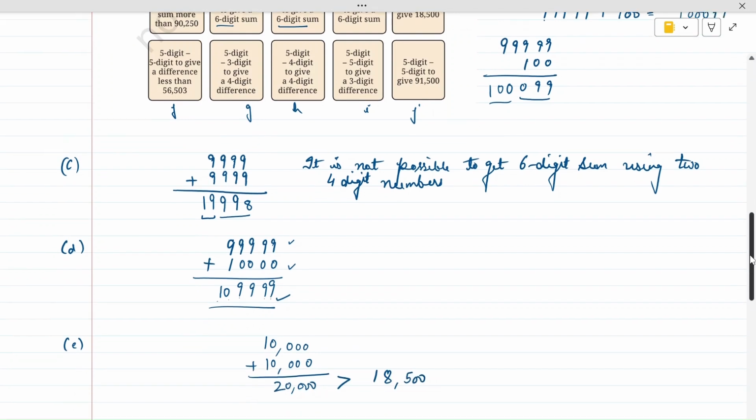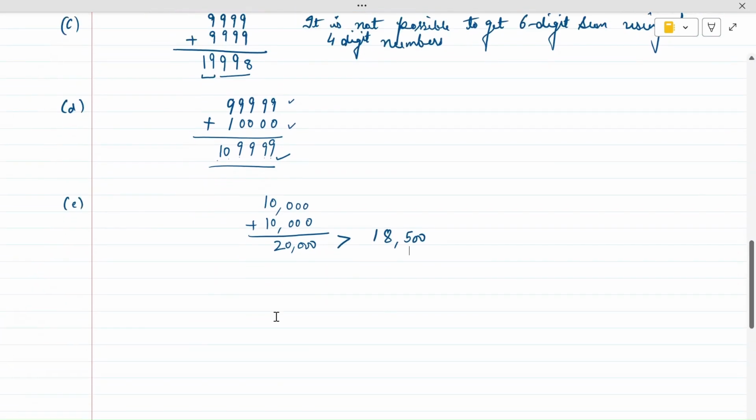So what I mean to say here is that when we are taking the smallest 5-digit numbers and adding them, we are getting a sum greater than 18,500, and less than this would make a 4-digit number, which is not as per the question. So that means this is not possible.